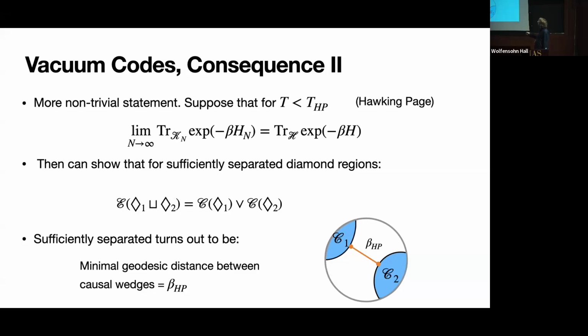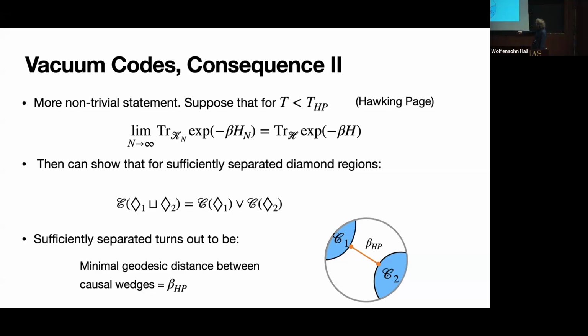I take the limit, and if I end up at the bulk partition function, where now this is the generator of time in the bulk, which exists by assumption of these vacuum codes, and if this limit is faithful here, then we can show the entanglement wedge for two disjoint diamond regions is additive over the causal wedges.